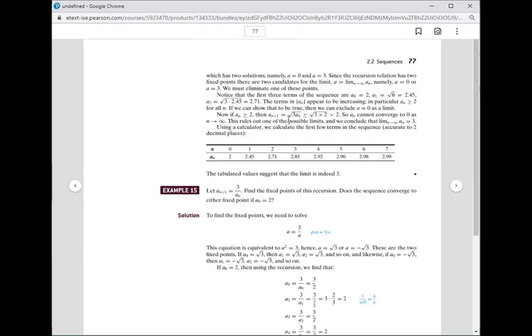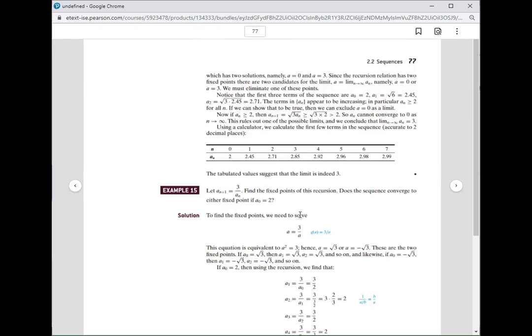This rules out one of the possible limits, and we can conclude that the limit of a_n is equal to 3, not 0.